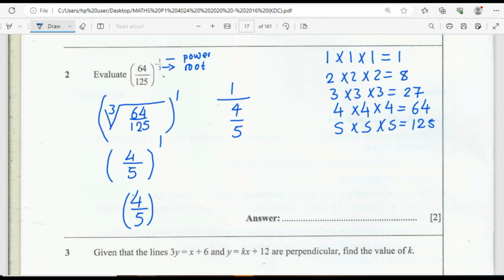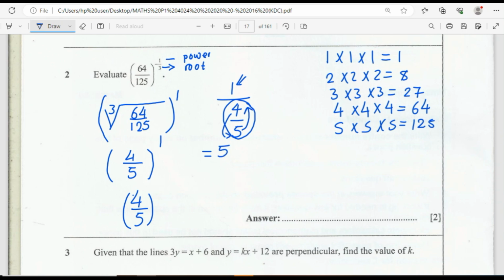Now that negative becomes a 1 over 4 over 5. Then our final answer, whenever you have 1 here, your focus is just to look at the fraction. In a case where you have the fraction, just reciprocate the fraction so that the number 5 goes on top, then 4 goes on the bottom.